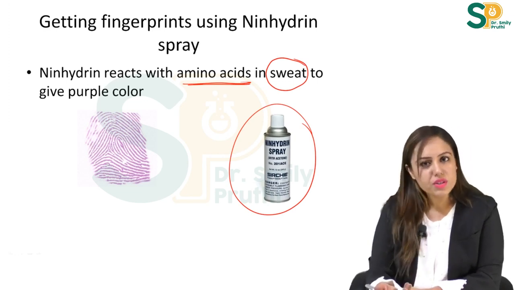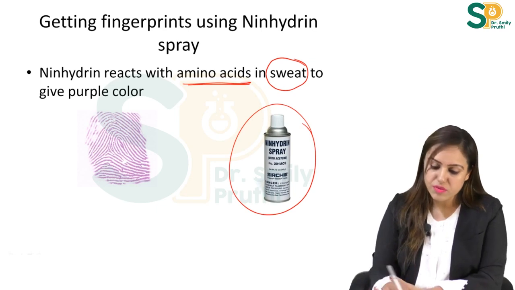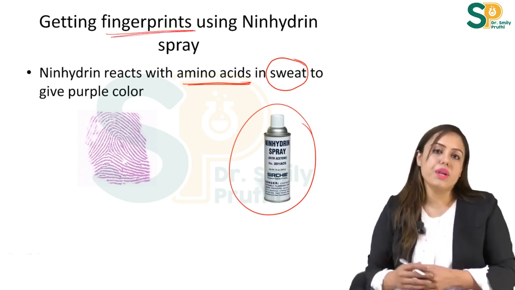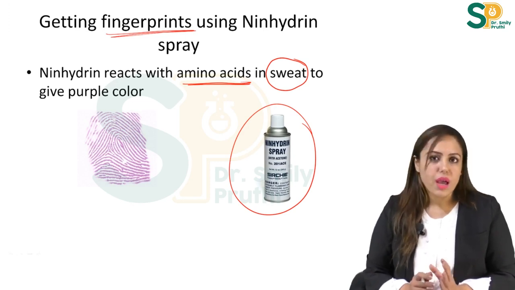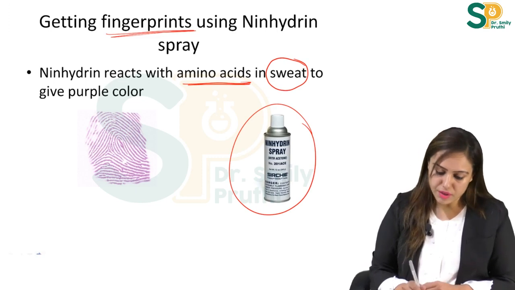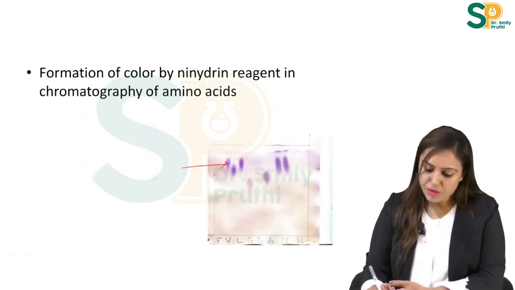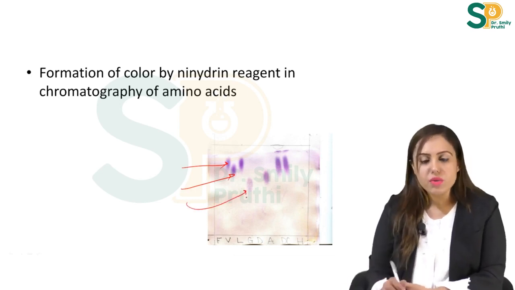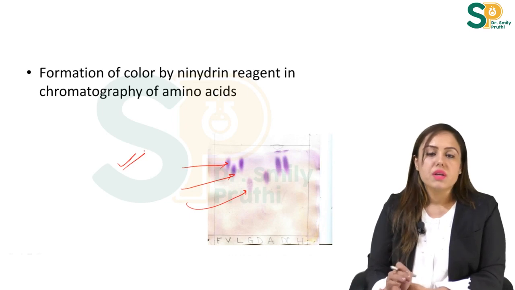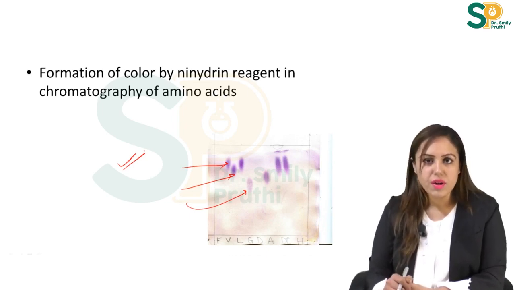Ninhydrin reacts with these amino acids to give purple color, right? So that's why fingerprints can be obtained by Ninhydrin spray, right? Also, another use of Ninhydrin test is in chromatography. In chromatography, we have to stain the amino acids. Here also most of the time the staining agent used is Ninhydrin reagent, right?